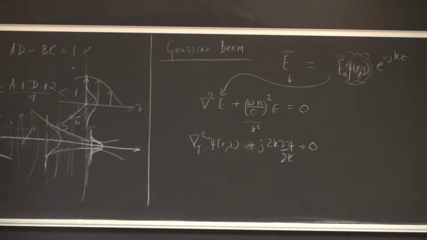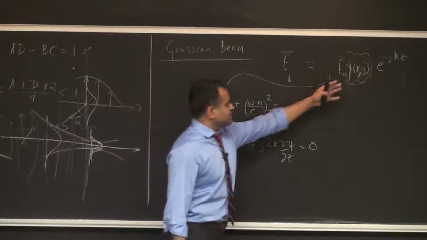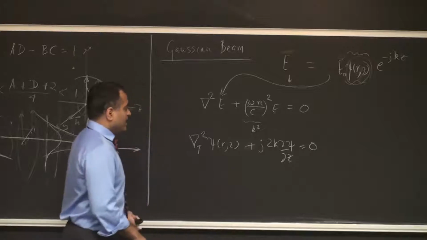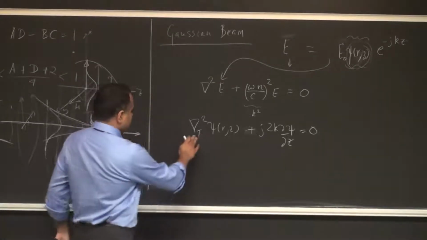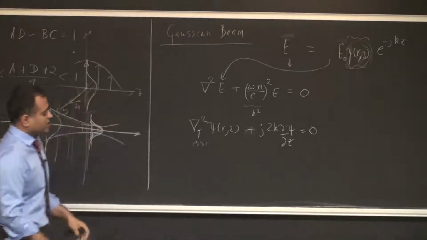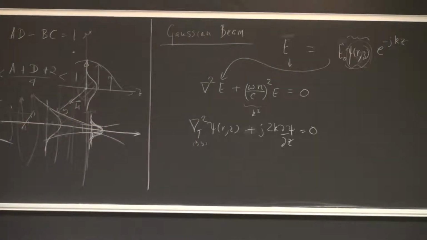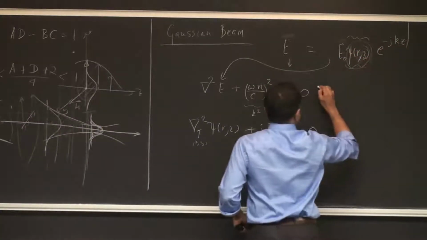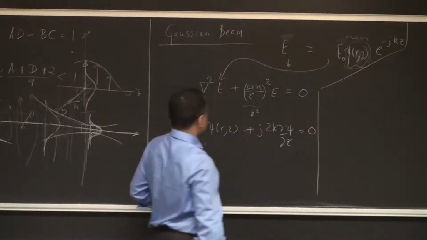So what we get is, yes, this sort of thing is allowed as long as psi follows this sort of equation, right? And now you have to solve this differential equation. This is transverse, which has only x and y components of the double derivatives, the Laplacian, and then you try something, and what you tried was the Gaussian form of the psi.